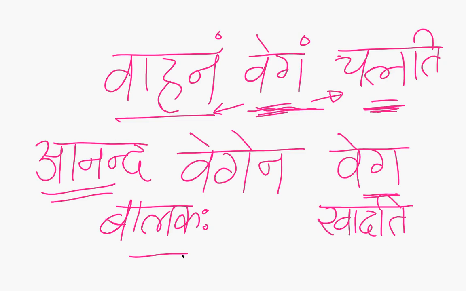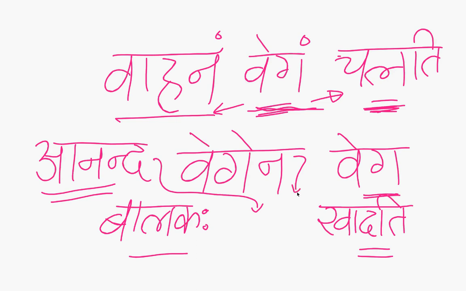It's not a visheshanam for balaka. So what do we use here? You can use Dvitiya Bhakti Ekavachanam, balaka anandam khadati. That doesn't make much sense, because there is an action involved here. Anandam khadati means he is eating happiness.